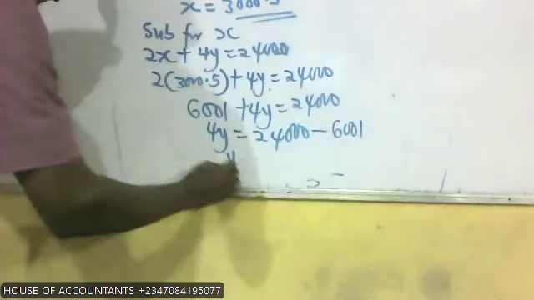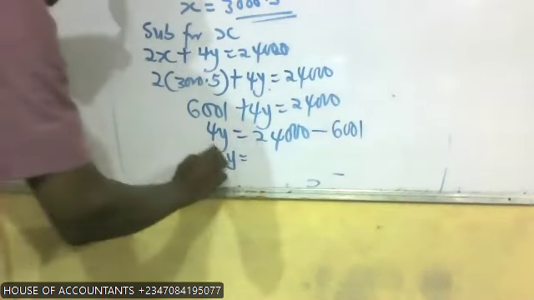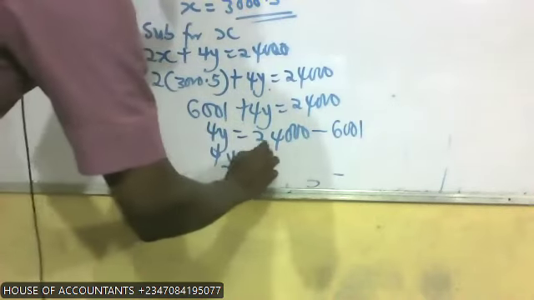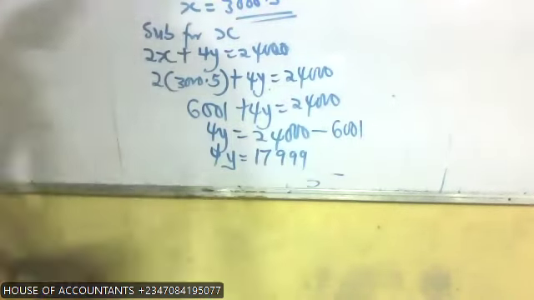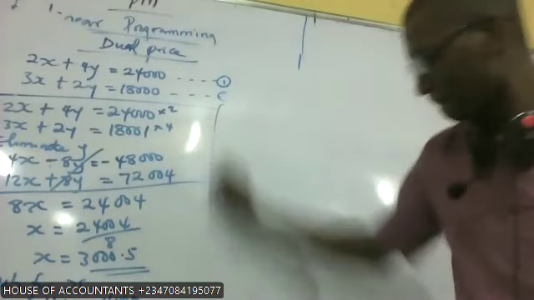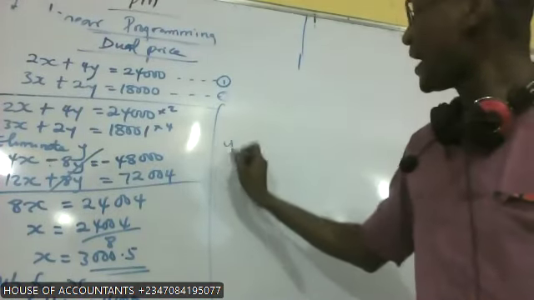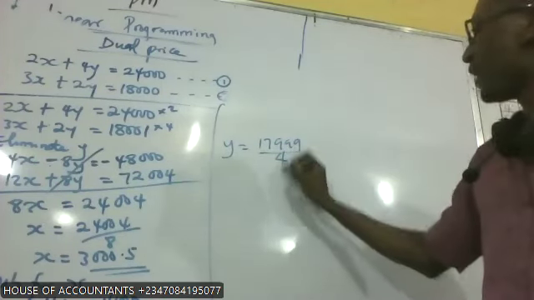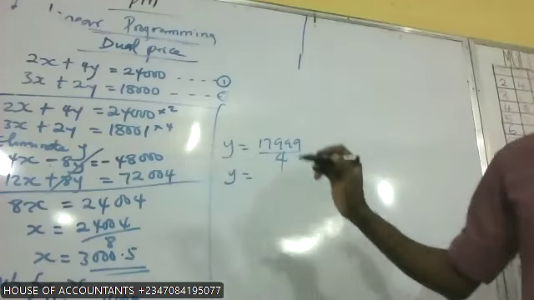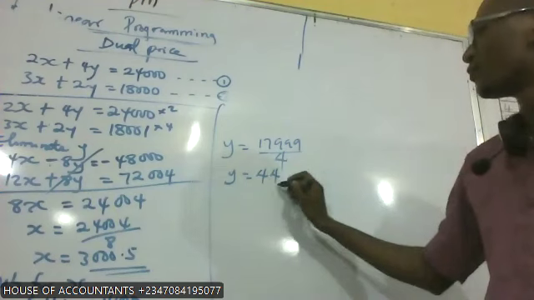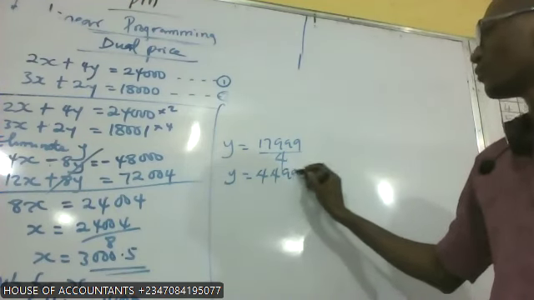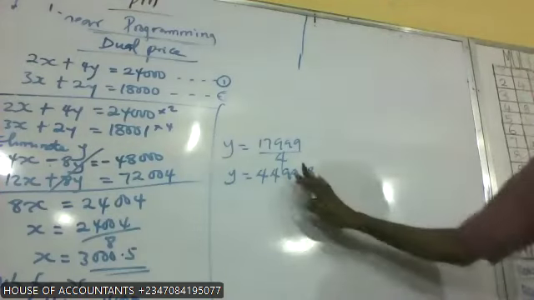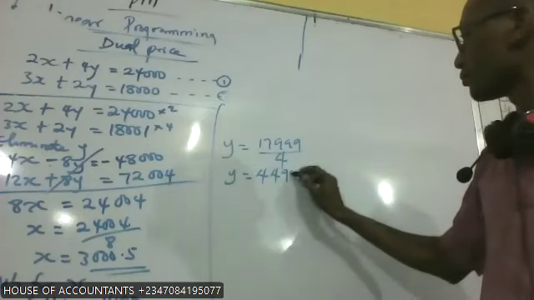So 4y equals 17,999, and y equals 17,999 divided by 4. So y equals what? Am I right?